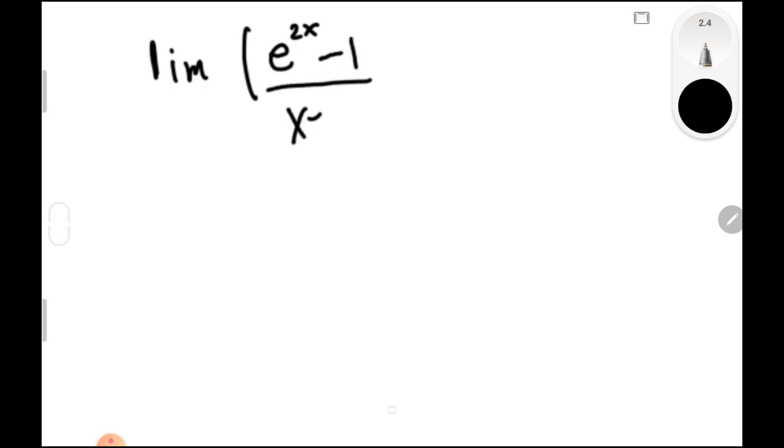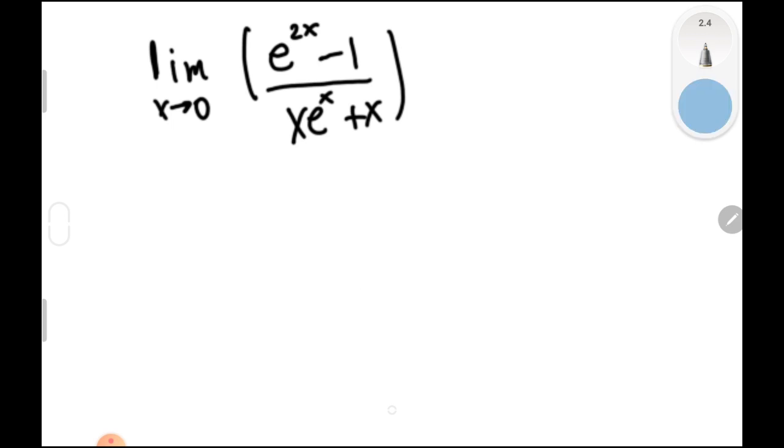So let's use this formula, this example for further verification and para maturo ko na rin kung anong gamit ng formula na yon. Okay? So we have the limit of e raised to x minus 1 divided by x e raised to x plus x as x approaches 0.